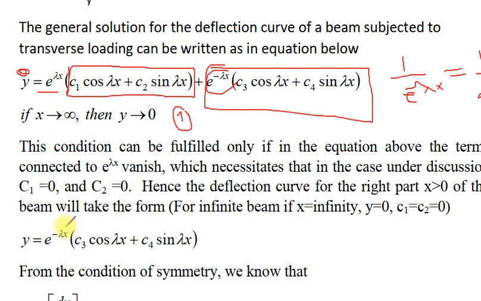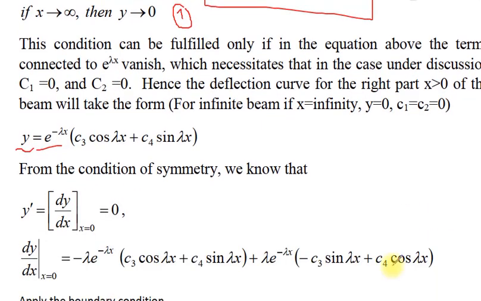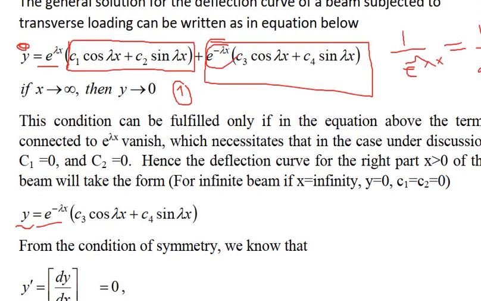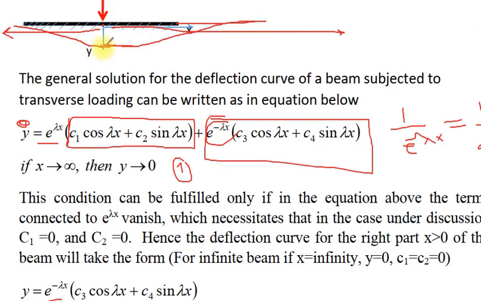Therefore, the equation will be y equals e to the minus lambda x times c3 cosine lambda x plus c4 sine lambda x.